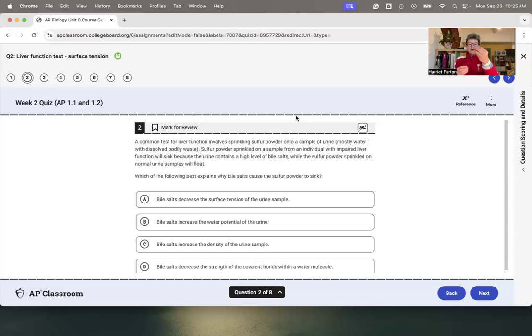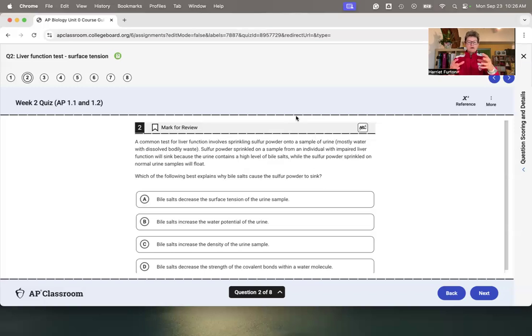The positive ion will be surrounded by water molecules with the oxygen moving towards the positive ion, and if it's a negative ion from the salt, the water molecules' hydrogens are going to gather all around the ion.